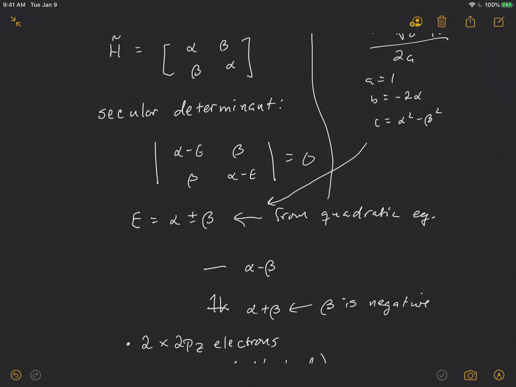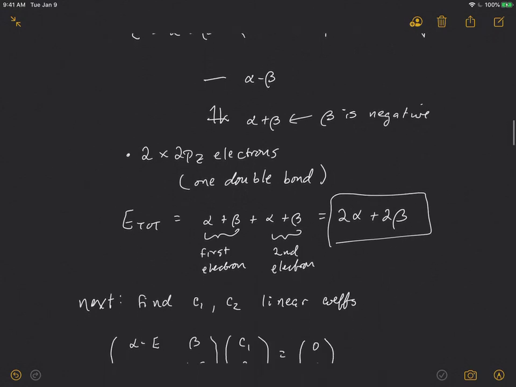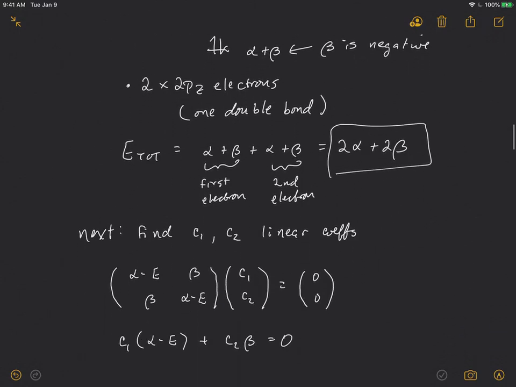And so we've got two electrons in this alpha plus beta orbital, or we can think of that as one double bond in this system, giving us two electrons in the pi system. And so our total energy is going to be the energy of the first electron plus the energy of the second electron, or 2 alpha plus 2 beta. So that's the total energy of the pi system for this molecule according to the Huckel model.